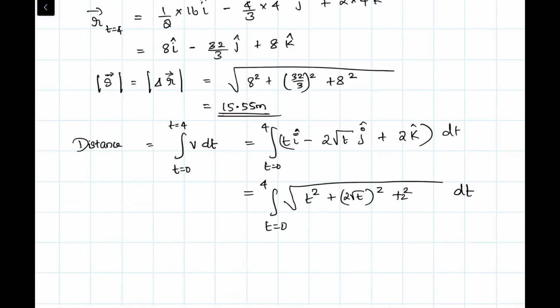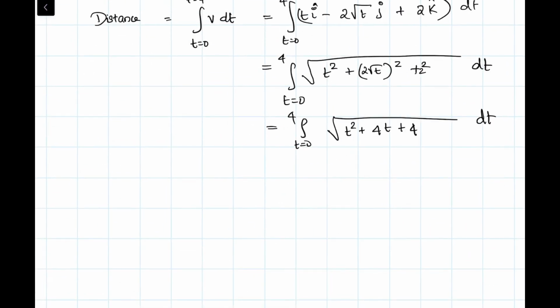Then what will we get? We get the integral from t equal to 0 to 4. We can write this as t square plus 4t, be very careful, 4t plus 4 dt. Am I right?